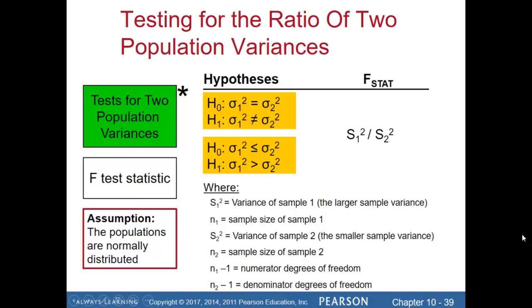So let's introduce, first of all, some of the hypotheses that we might set up. When we're evaluating variances of populations, we can do either a one-tailed or a two-tailed test, similar to what we saw with evaluating means. One of the biggest differences is that we are going to be working with a different probability distribution.